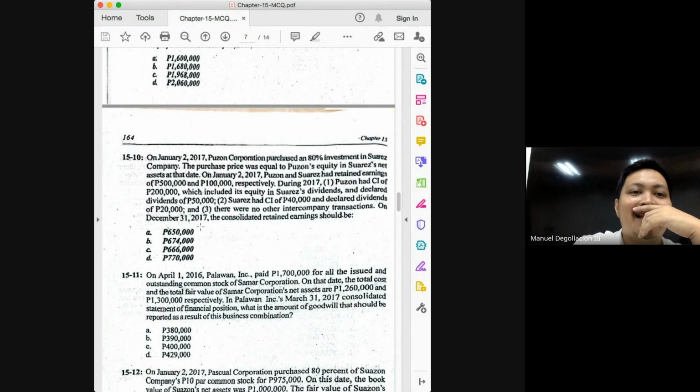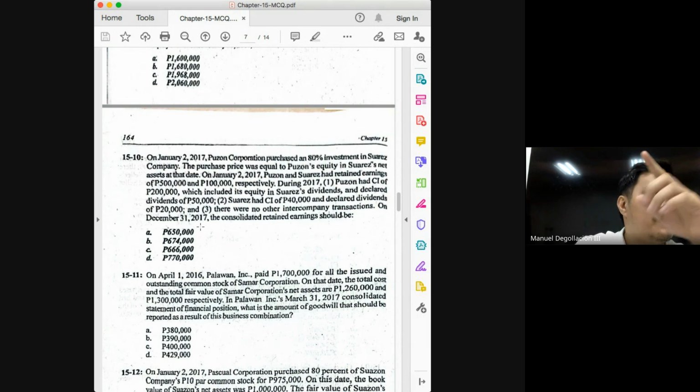Why am I emphasizing whose dividends we will be deducting, class? Okay, there is also another scenario wherein you will be deducting dividends. There is a scenario wherein you will be deducting the dividends of the subsidiary. But in what questions will that happen, class? That will happen if you are asked for consolidated income, and what is given is the income of the parent that includes dividend income.